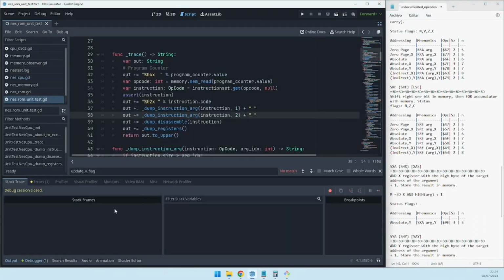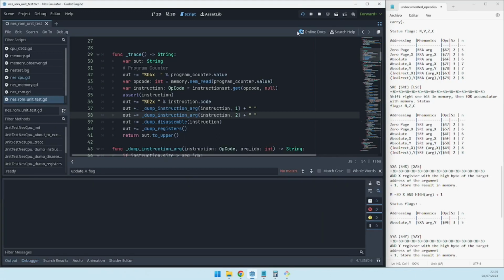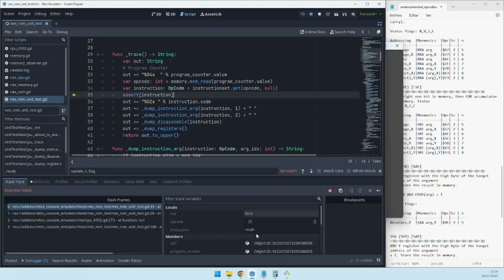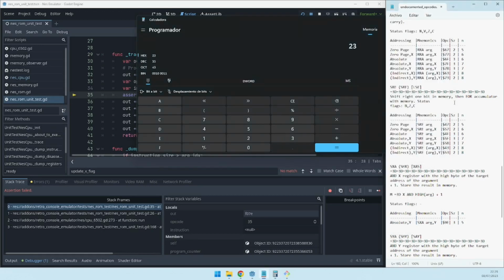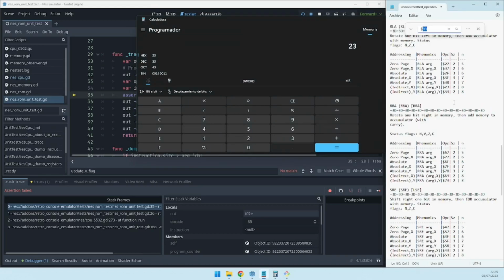Okay, next. So the next opcode is 35. If we look at the calculator, 35 is 23 in hex. So let's find it. Which one are you? Here you are.